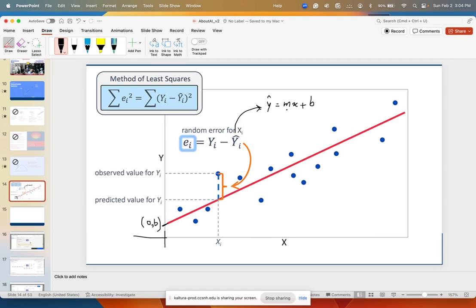Now what about m? M is my slope. And I do know what x is. So m, slope, as you might remember, is equal to y2 minus y1 divided by x2 minus x1, right?